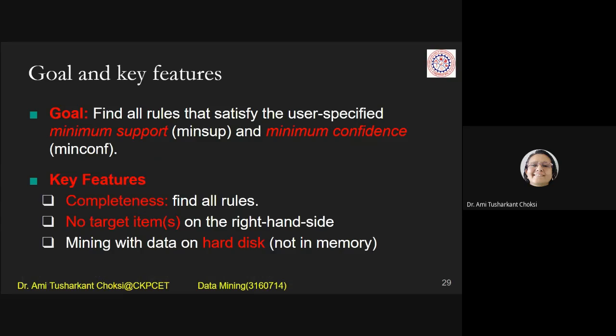Typically, whatever is in the memory, say your cache memory or your RAM, only the data required is there. But with data on the hard disk, we are considering the whole transaction data.